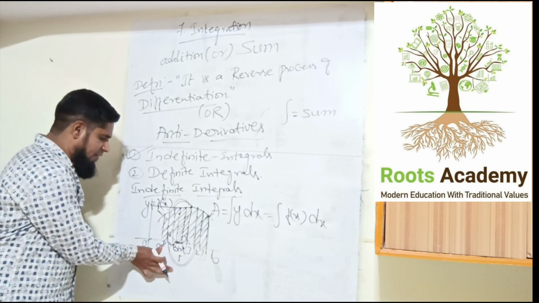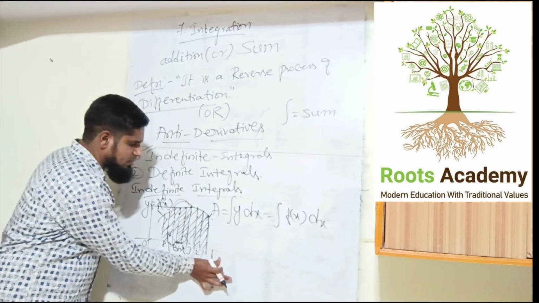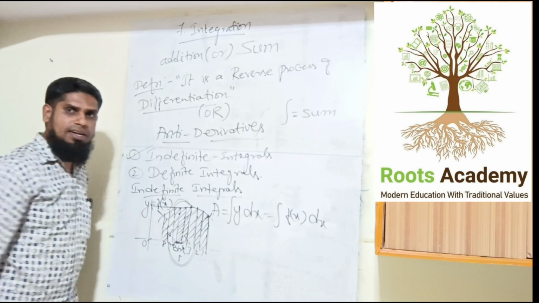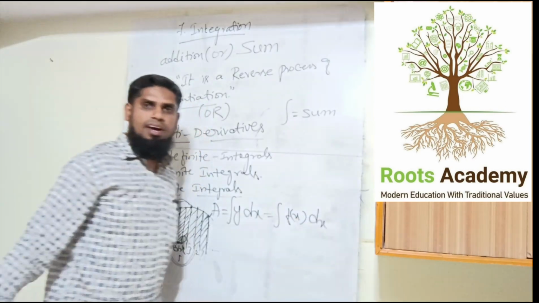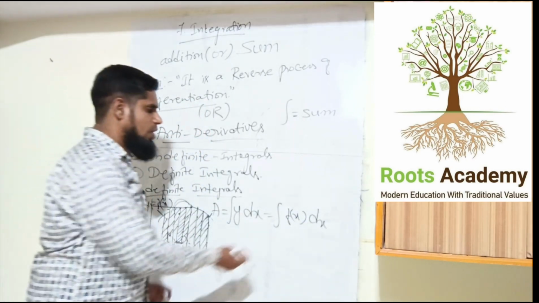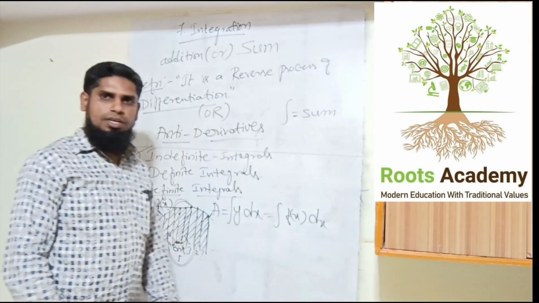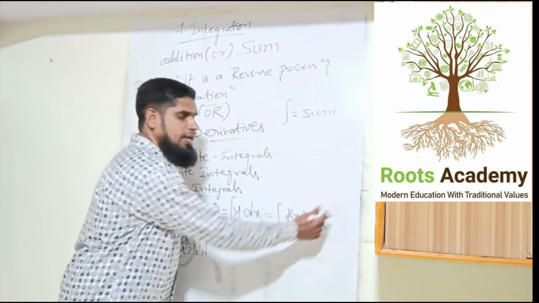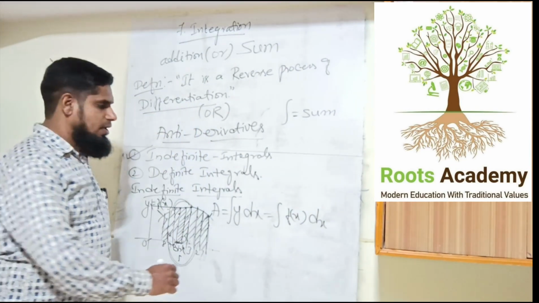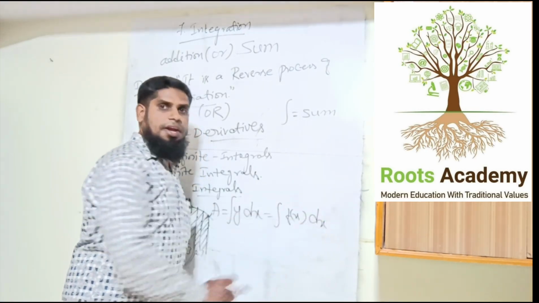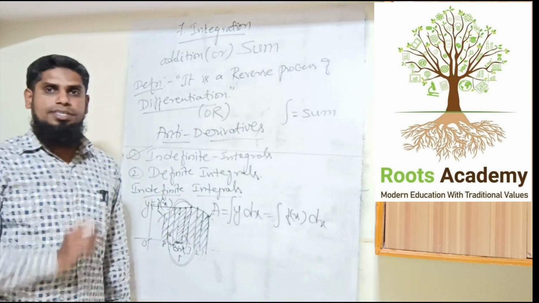And in indefinite integrals, whatever answer we get is not the definite answer. It is also an indefinite answer. So how do we find the exactly correct answer? It depends on the integral constant.